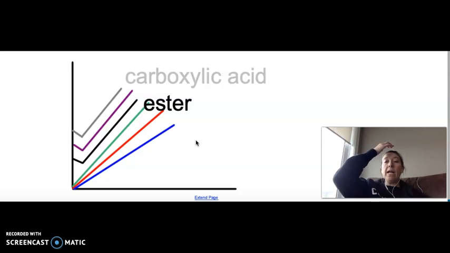So sometimes they're going to ask you to compare within what they call a homologous series. A homologous series would mean that we keep everything the same except we add an additional carbon to the chain, right? So if you think of methane, ethane, propane, and butane, they all belong to the same homologous series because everything about them is the same.